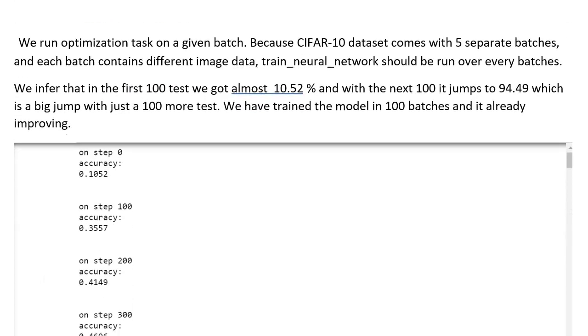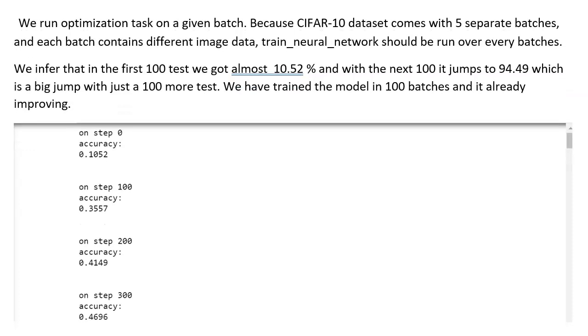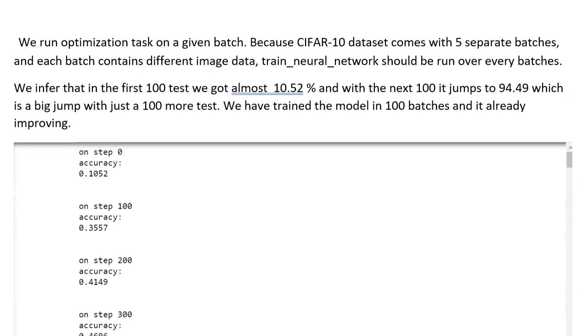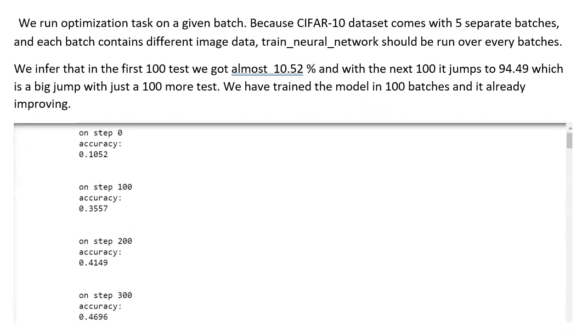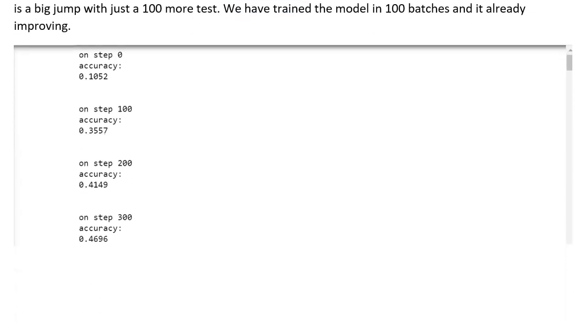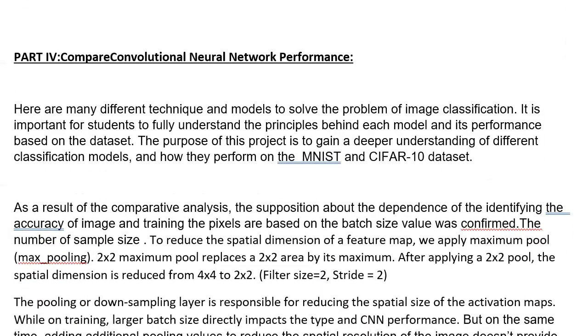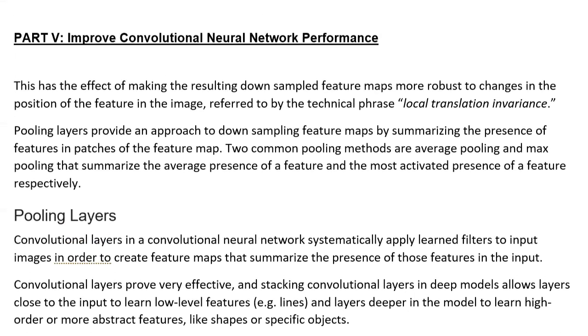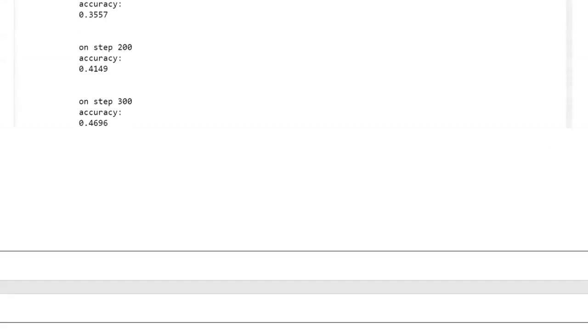The initial step was around 10.52 percent, but we trained for more and more accuracy. The 5000th step came up to 67 percent. So the maximum obtained for CIFAR data is around 67.01.